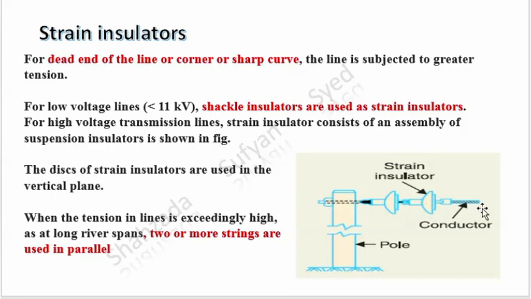The conductor is lying in parallel to the vector which is drawn at the normal of the face area. The discs of strain insulators are used in the vertical plane, and when the tension in the line is high, such as in river spans, then we can use 2 or more strings in parallel.